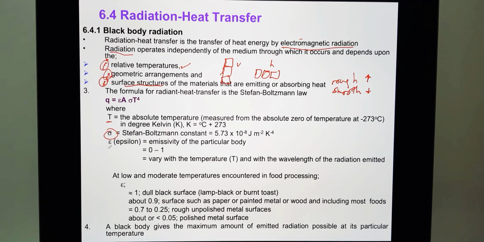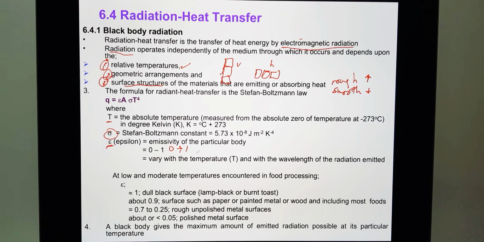And then epsilon is the emissivity of the particular body, and the value of epsilon is between 0 and 1. This one is not 0 minus 1, but 0 until 1.